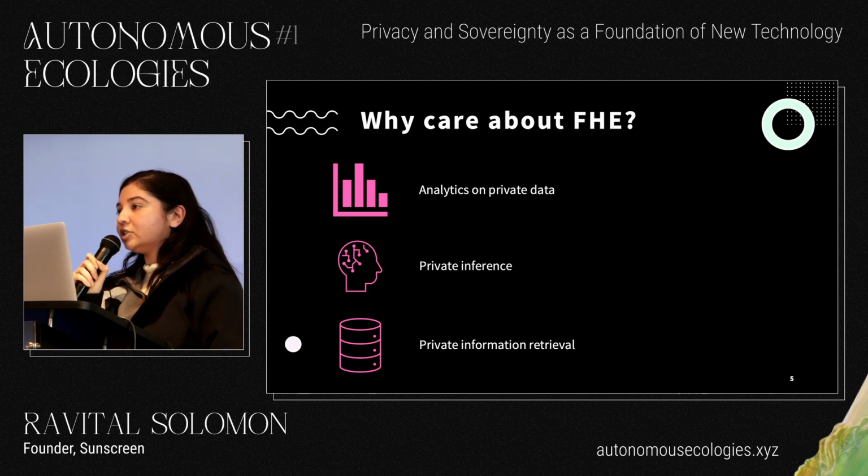So imagine having some trained machine learning model and being able to run that model on encrypted user data. Finally, another application that's receiving quite a bit of interest in academia is private information retrieval. That would allow you to retrieve an item from a database without revealing to the server which item you're interested in retrieving.